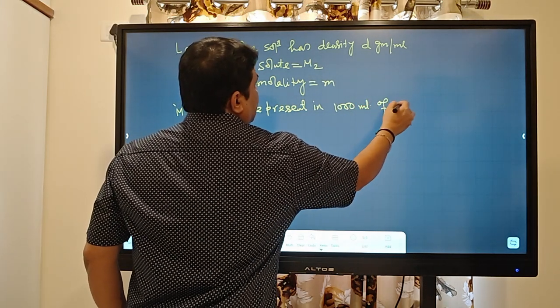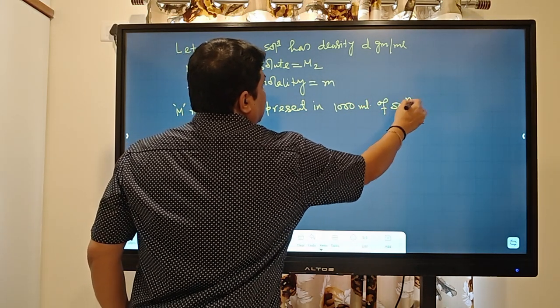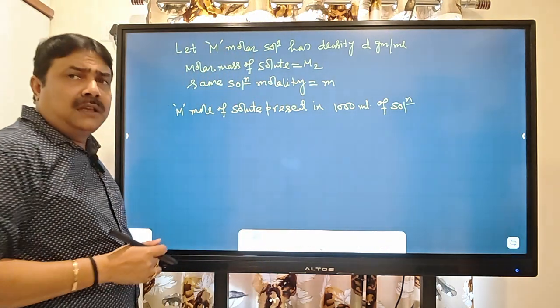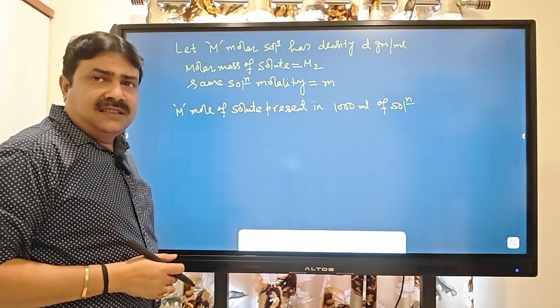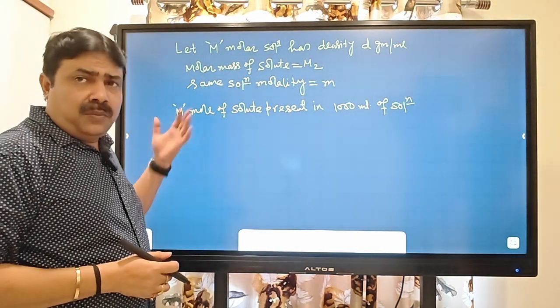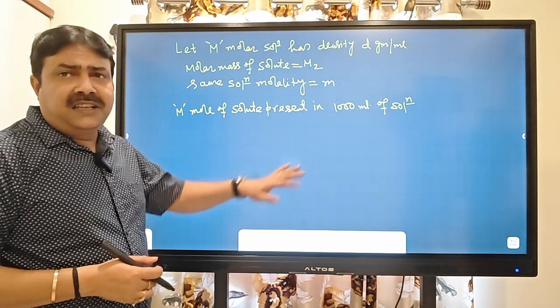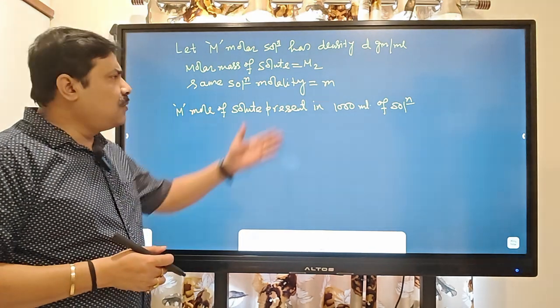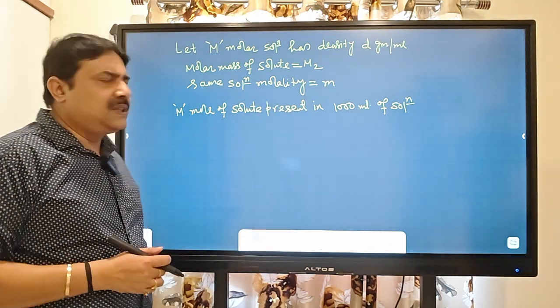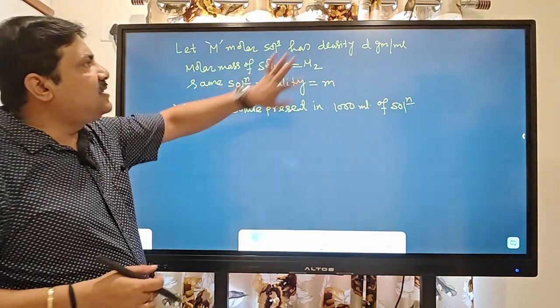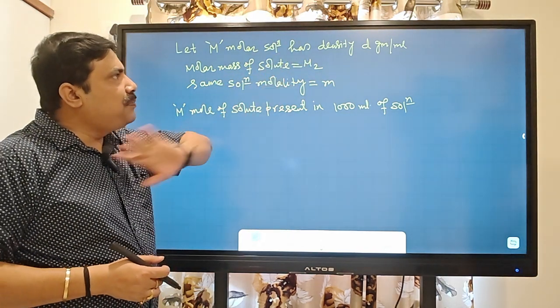Yes or no? That is the meaning of molarity, number of moles of solute per liter of solution. Now look at density of solution d gram per ml.